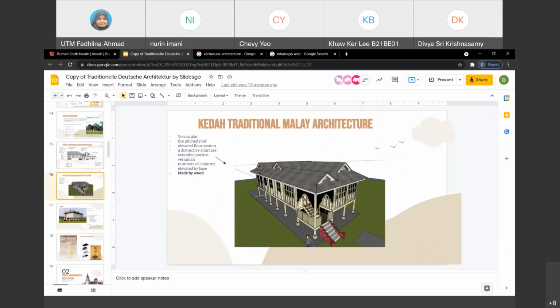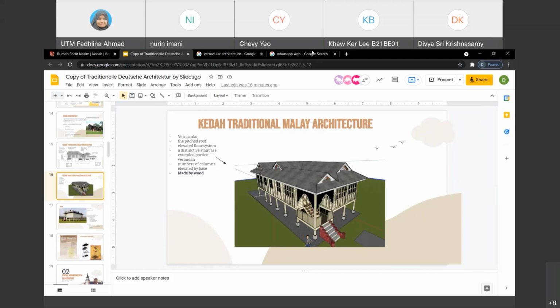I'm just curious, who is going to cover the history of the house owners and so on? What is the occupation? Who built the house and so on? The house owner, the status of the house owner, who is she, who is he, and his family and so on. Oh, this one we also need to cover, the owner. Yes, because your topic is Rumah Encik Nazim.